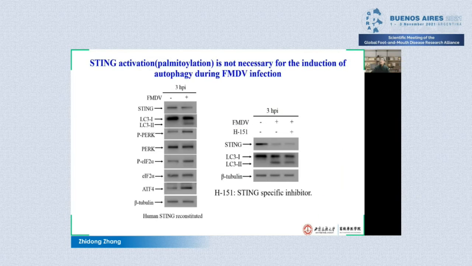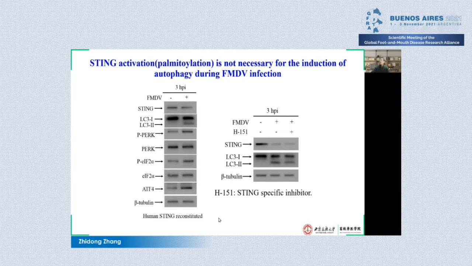Activation of STING also requires palmitoylation in the Golgi. So we are using a very specific inhibitor, H151, which was reported to be able to block STING palmitoylation by covalently binding to STING at the transmembrane cysteine residue at position 91.